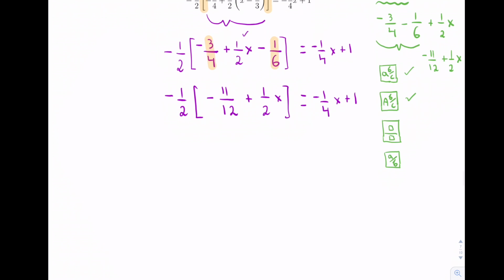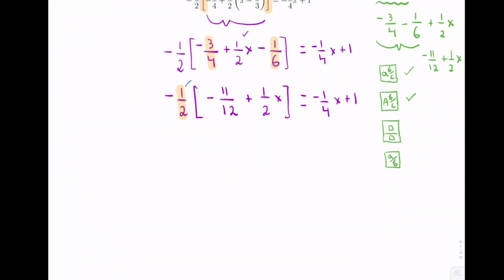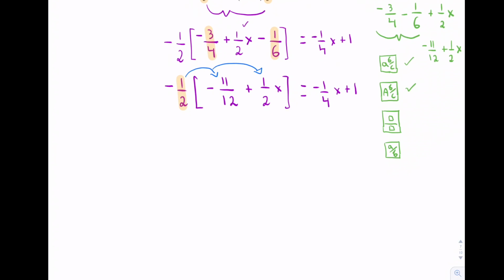Now next, I have this negative a half, which I can factor in. Negative times negative is positive. 1 times 11, so this is 11. 2 times 12, so that's 24.